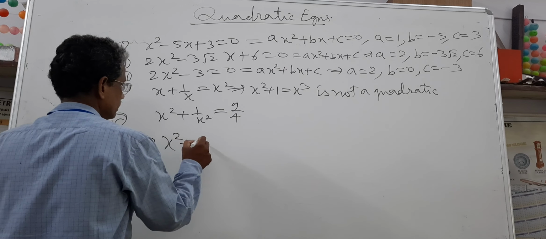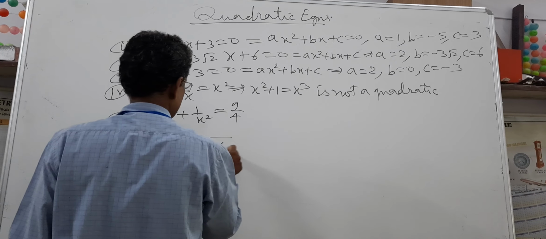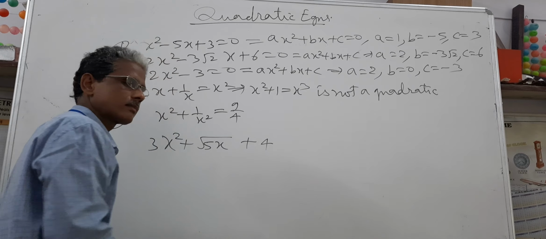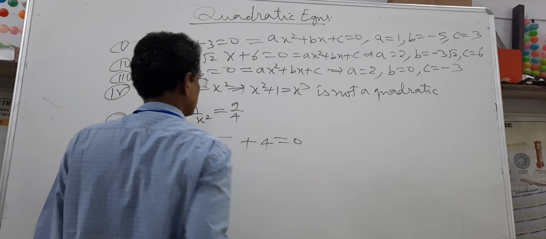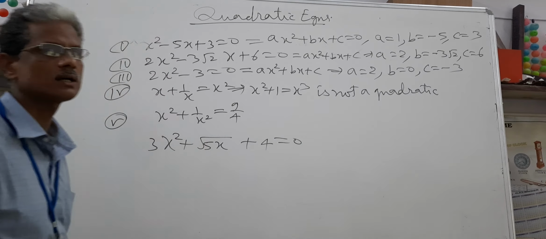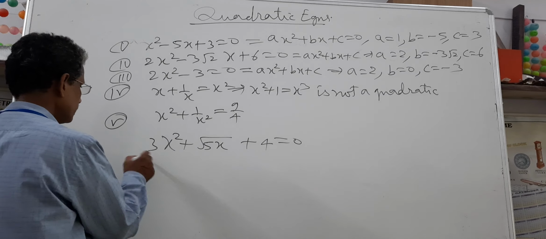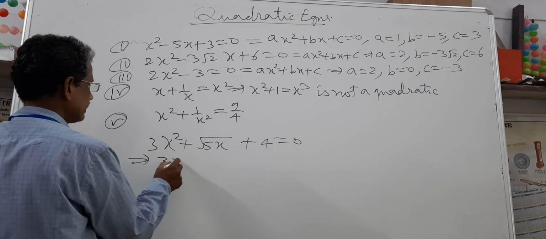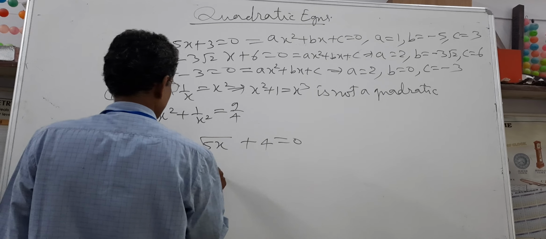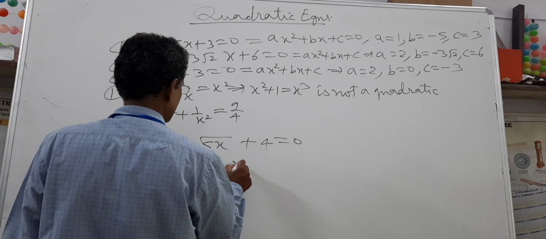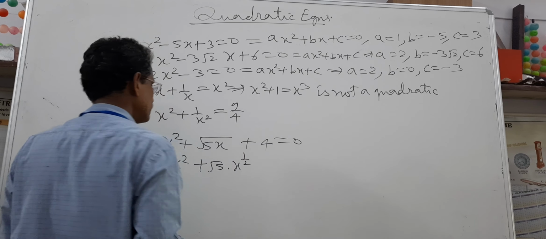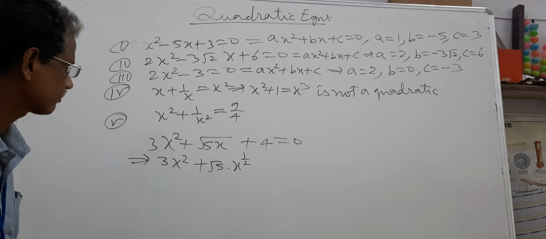3x square plus root 5 x plus 4 is equal to 0. This is also not quadratic because it can be written as 3x square plus root 5 into x power half plus 4, since root x means x power half.